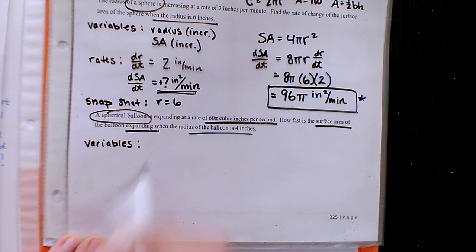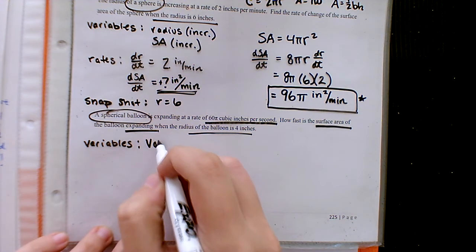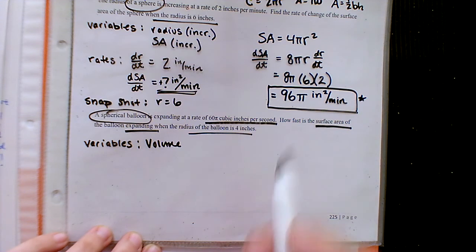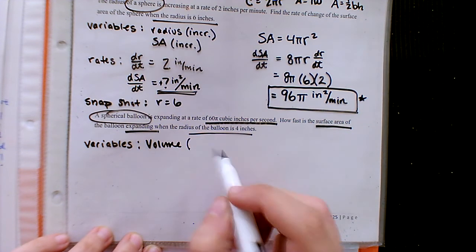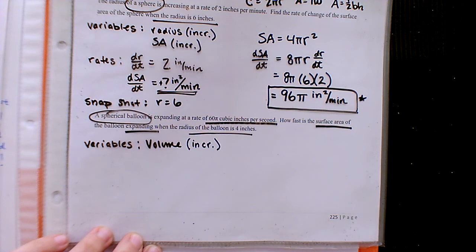Can we list some variables that are mentioned or hinted towards in the problem? Volume. Okay, we had that cubic inches unit. Increasing or decreasing? Or constant? Increasing. They said expanding. Okay. Any other variables?